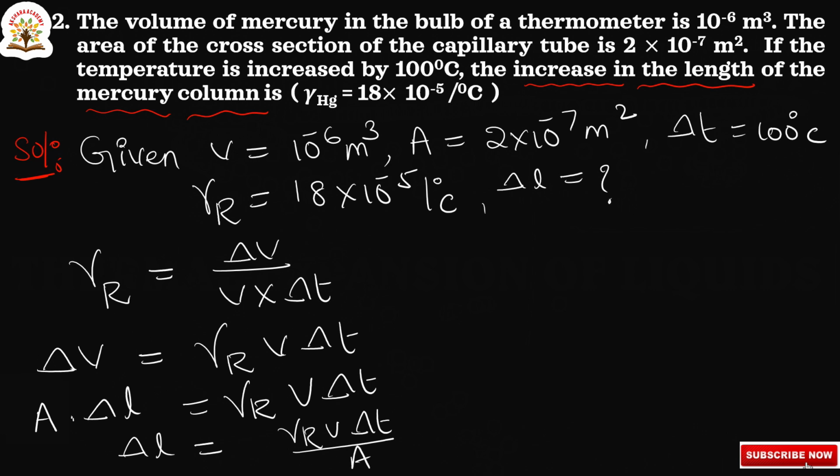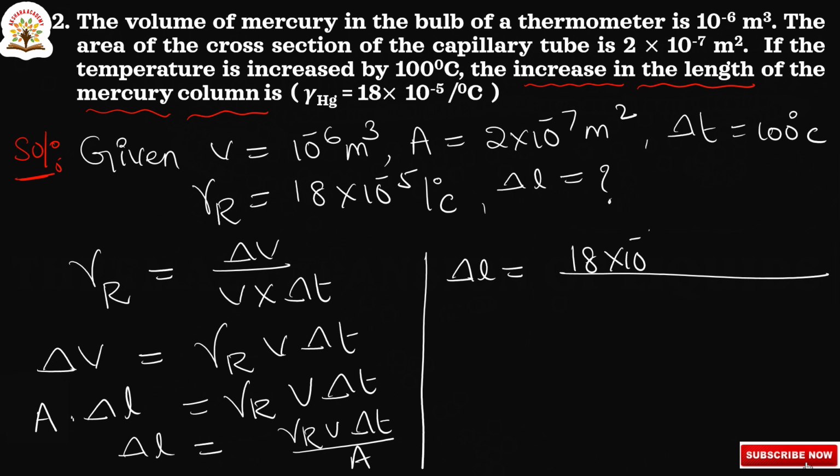Now substituting the values, delta L is equal to gamma R, that is the given 18 into 10 to the power of minus 5, into V 10 to the power of minus 6, into delta T 100, by area, they have given as 2 into 10 to the power of minus 7.